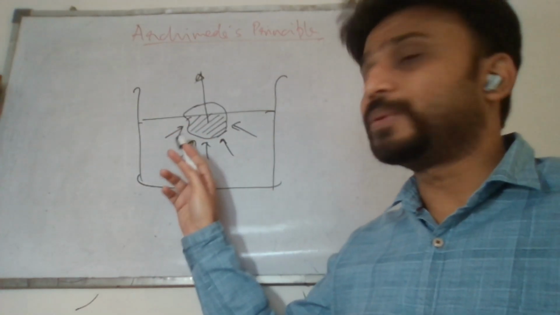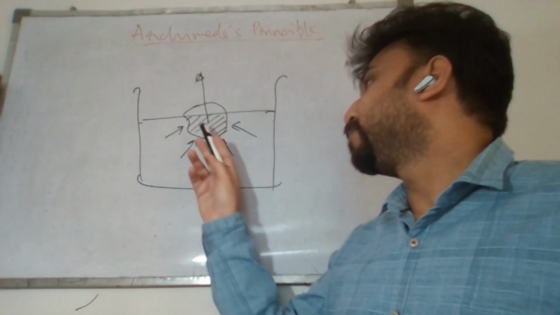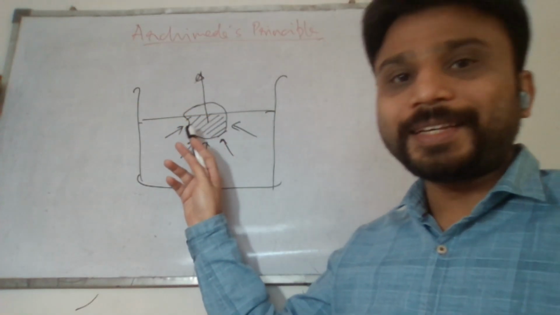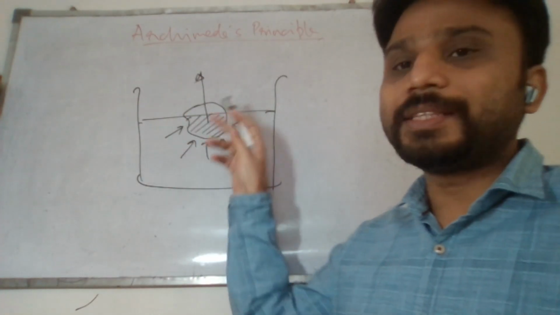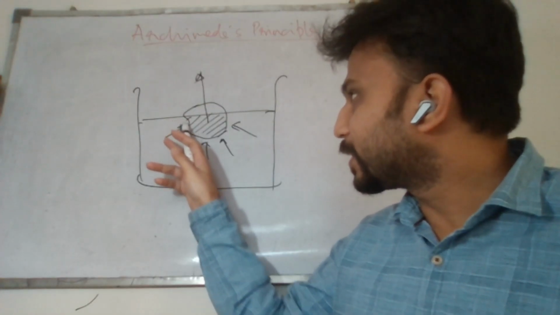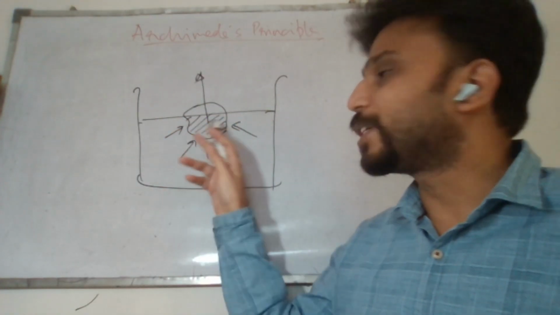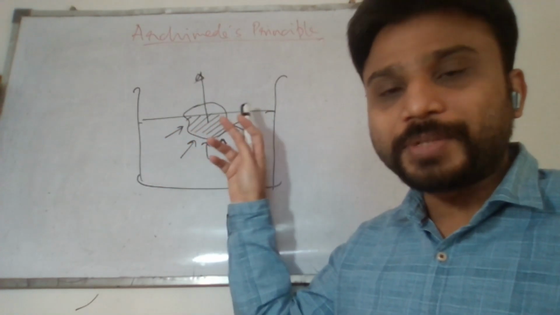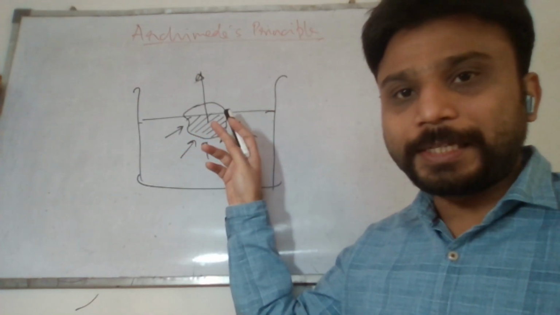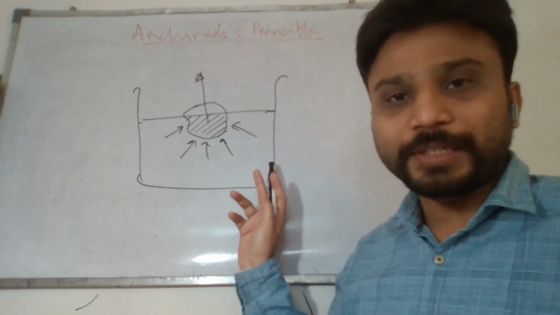Basically, this surrounding fluid does not care what resides within the surface, right? Whatever surface we have drawn in the shaded region, whatever object is there or liquid is there, that is not cared for by this liquid.